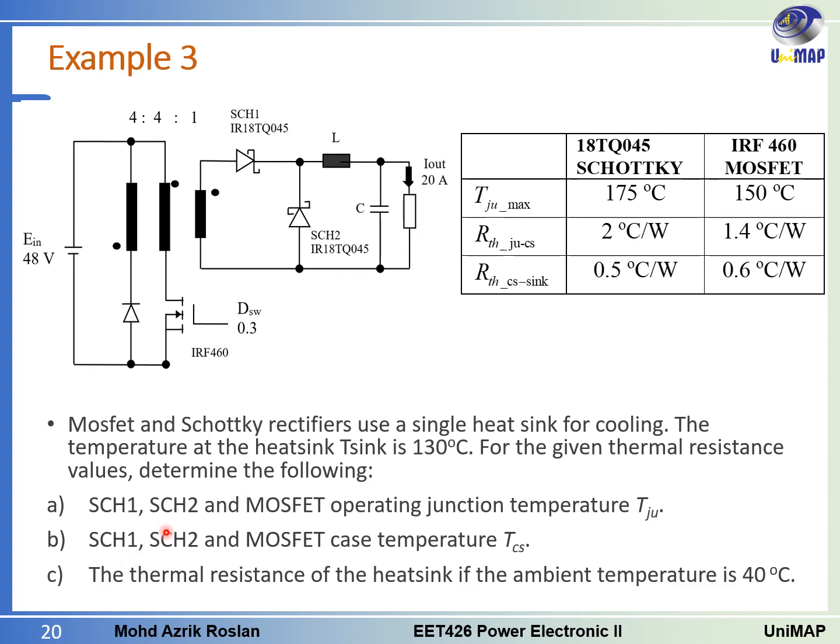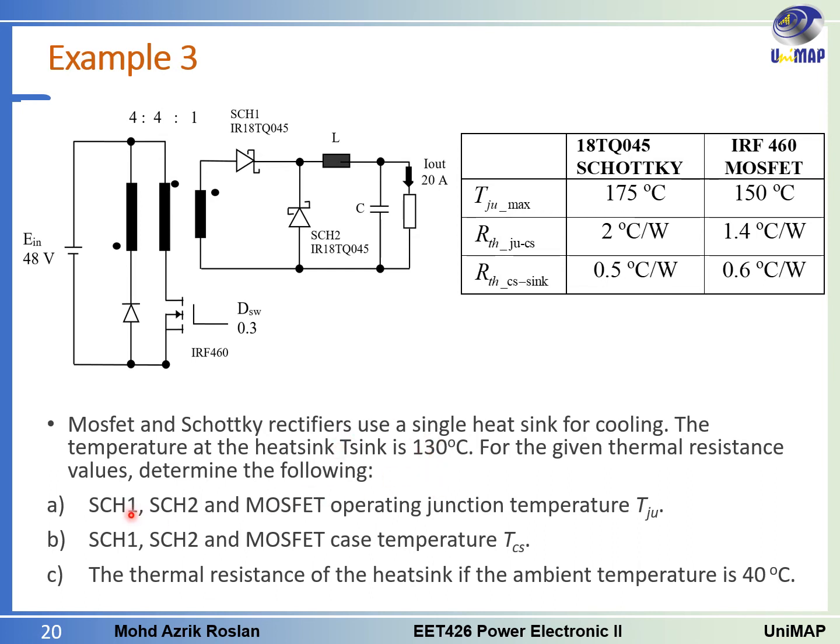We have to find the Schottky 1, Schottky 2 and Mosfet operating junction temperature. We already know that when we have a common, single heatsink, all of them will have the same heatsink temperature, which is 130 degrees C.